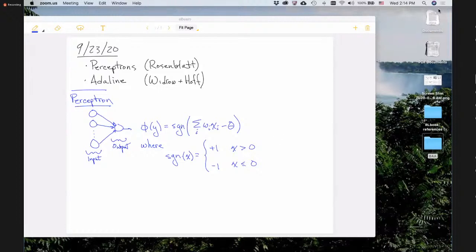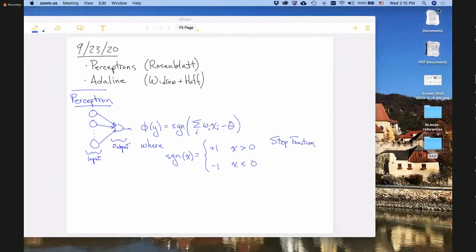So as you can see, it's a step function. Sometimes also called the Heaviside function, or a hard limiter. And these are all going to be terms that I'll probably use somewhat interchangeably.